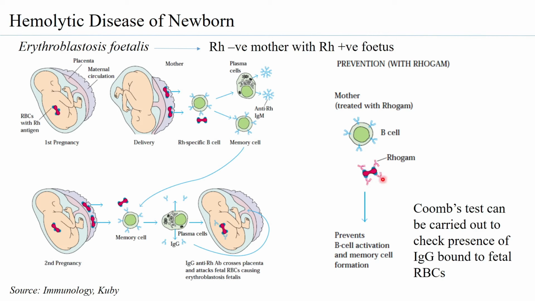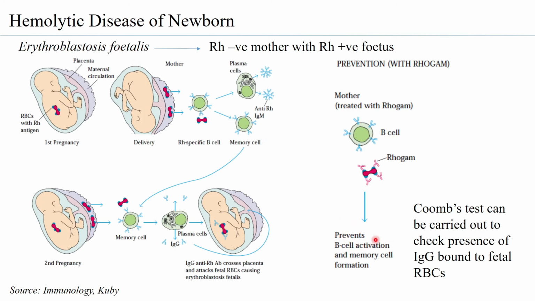So in the mother, the RBCs of the infant are going to get lysed, but this doesn't give the mother's immune system the time to recognize them as foreign and produce antibodies and memory cells against them. In this way, you can have erythroblastosis fetalis prevented.